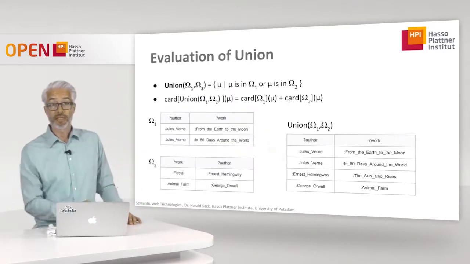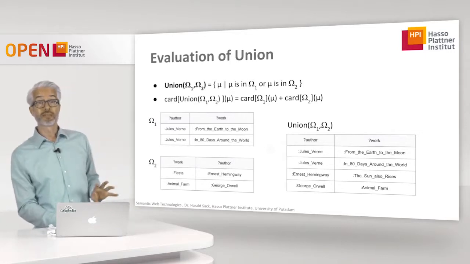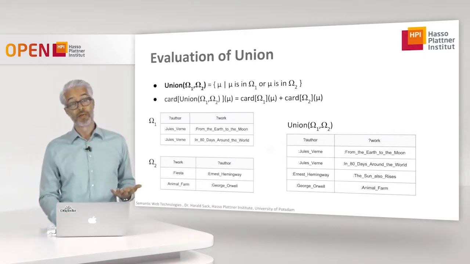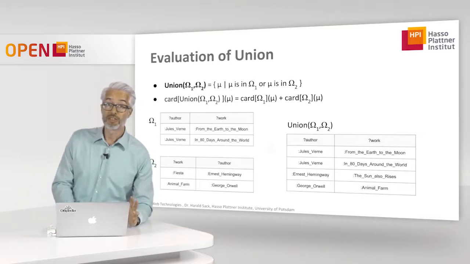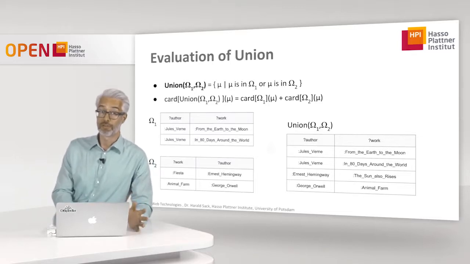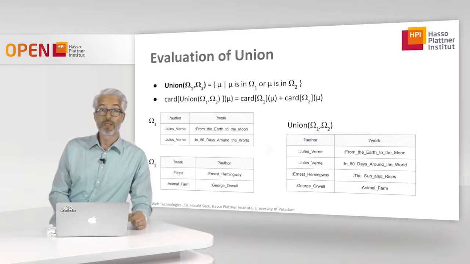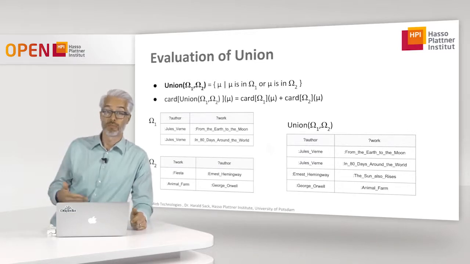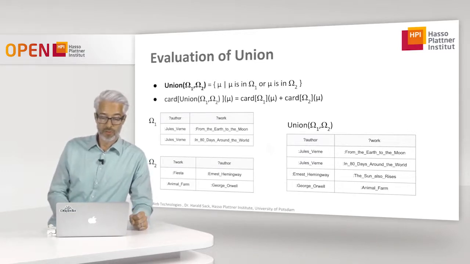So now we have to take care of all the operators that might occur. Here are the formal definitions of how the operators really work. First we look at the union, which, as you know, is an alternative. We have two multisets, omega 1 and omega 2.